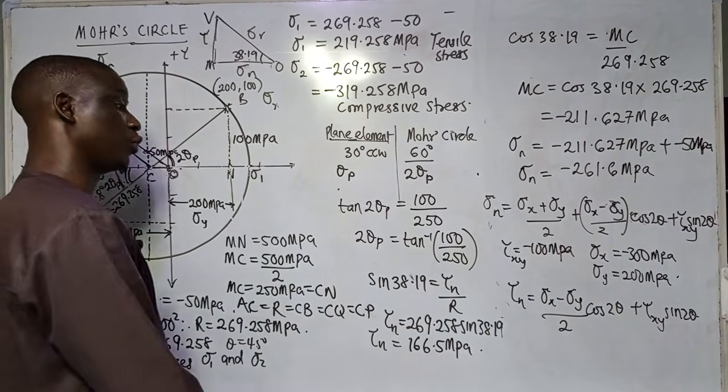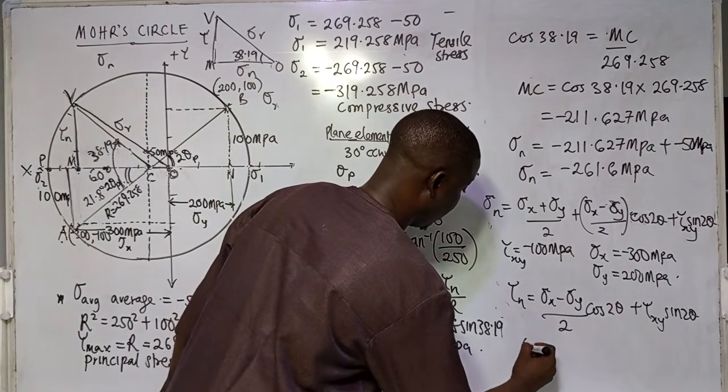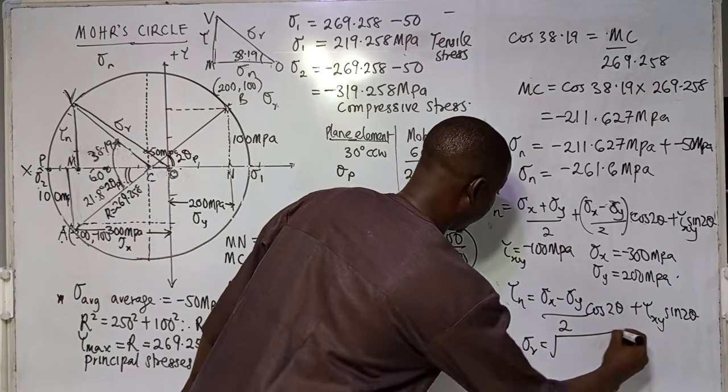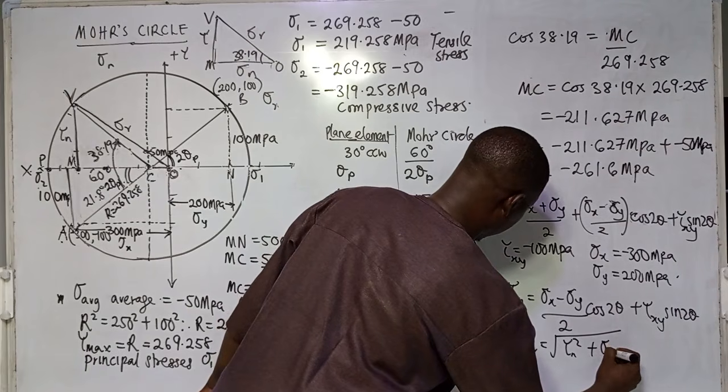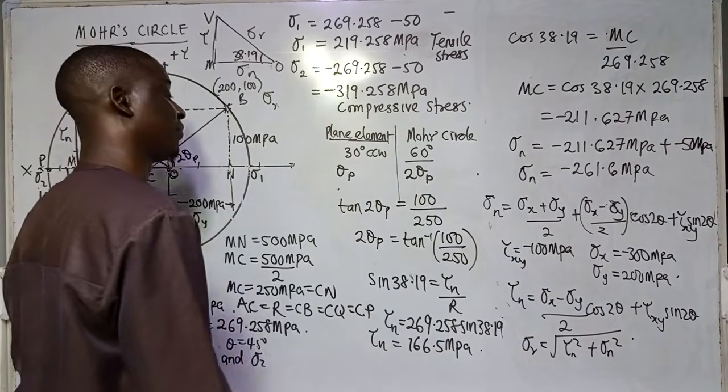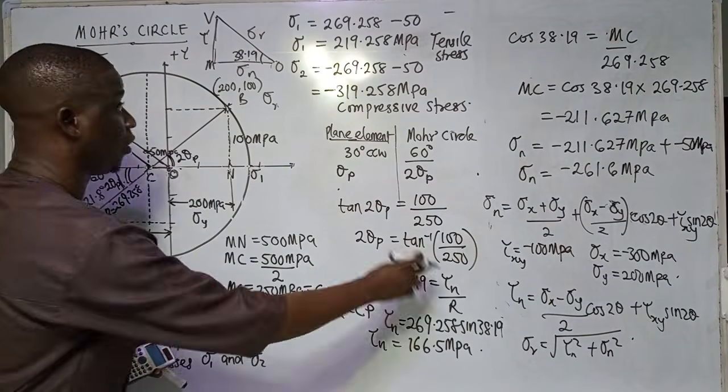If you want to solve that one, you just use your formula: σ equals the square root of τ squared plus σn squared.